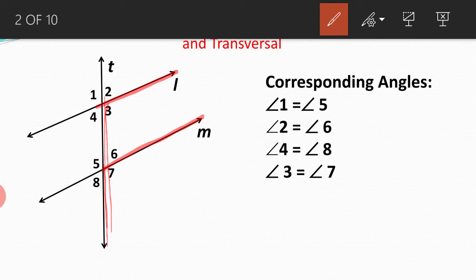So I repeat, if two parallel lines are intersected by a transversal, then there is formation of how many pairs of corresponding angles? 4, and they are equal. Is it okay? And which letter can be seen if you want to see corresponding angles? So that is F.